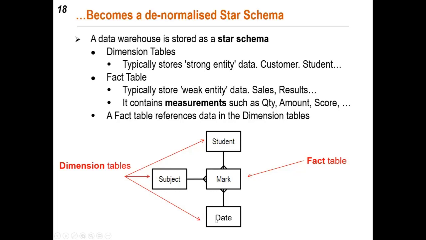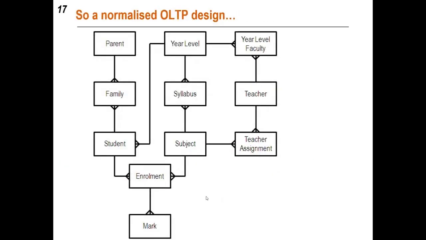And then we have the date table, which contains the dates, and the mark is here. So we can now query how many students got 50% in this semester compared to the last semester for this subject, etc. We can go through these 3 or 4 tables and calculate what we require. So it's easy. Now we only have to access 4 tables compared to this, right?